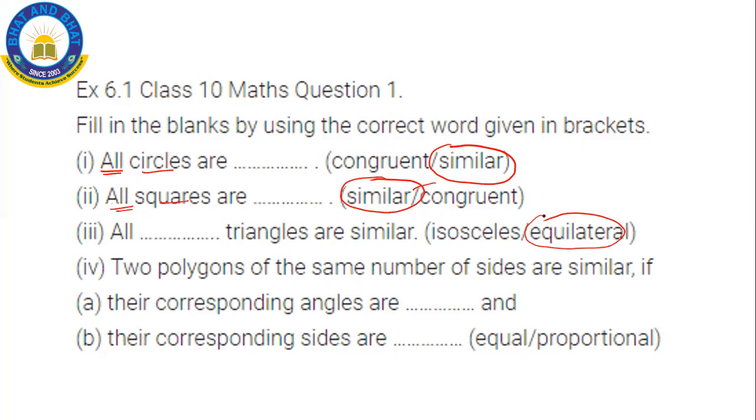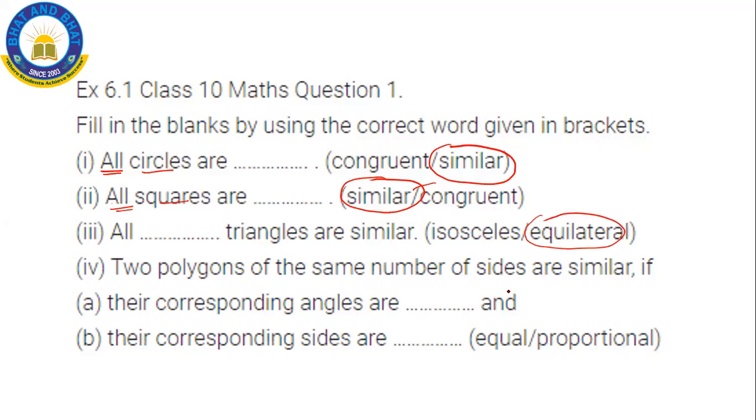Because we studied a theory: all congruent figures are similar, but similar figures need not be congruent. This is the theory on which this question depends. So isosceles cannot be the answer. Is that clear? So all equilateral triangles are similar.